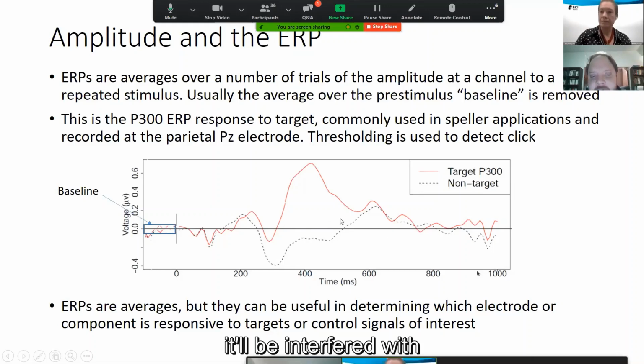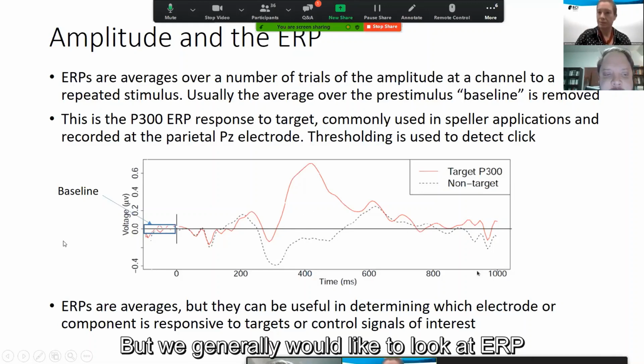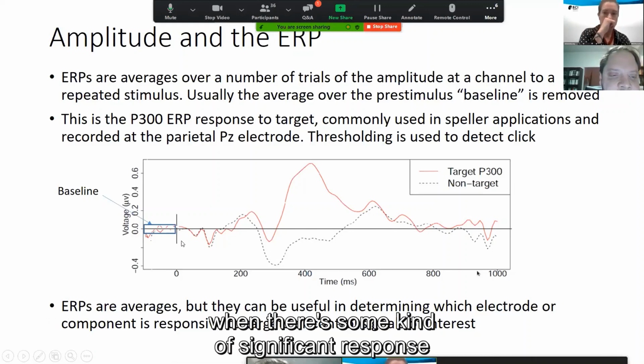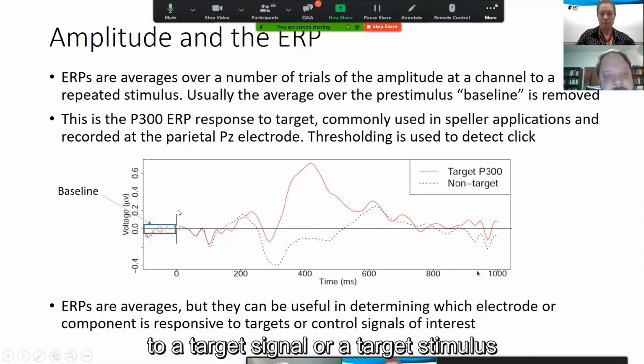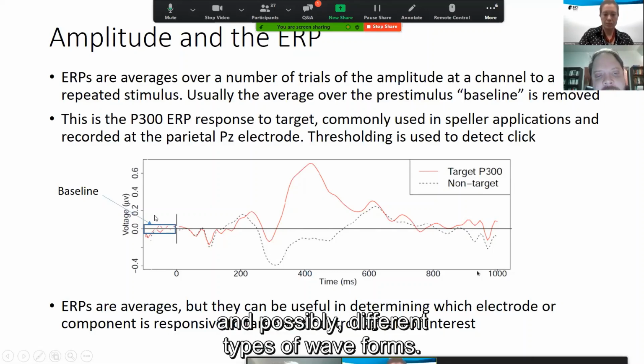Sometimes it'll be interfered with and won't necessarily look like this, but we generally like to look at ERPs to try to detect when there's some kind of significant response to a target signal or a target stimulus, and possibly different types of waveforms.